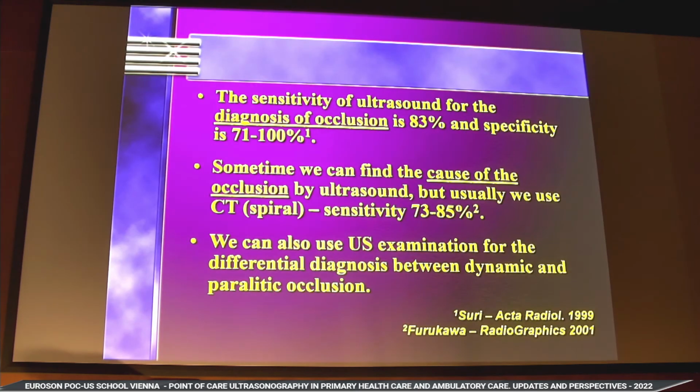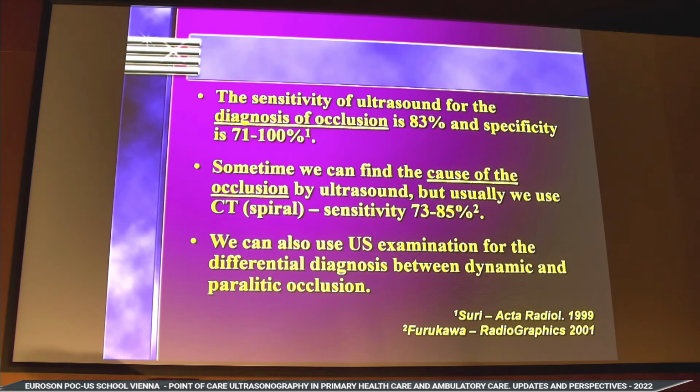Something about the sensitivity of ultrasound, and I took here two very old papers. Why? To show you that 20 years ago ultrasound, with the old machines, had a good value for occlusion. And look here, diagnosis of occlusion has a sensitivity of 83% with quite a high specificity. When we see the image, we are quite sure that it's an occlusion.